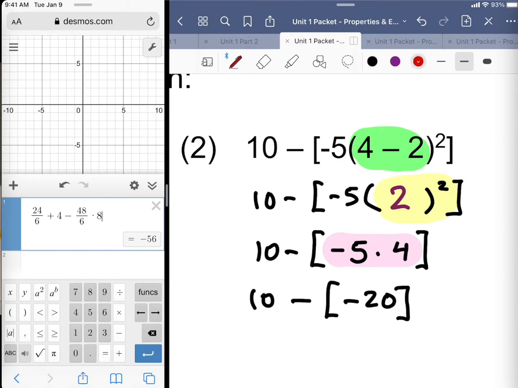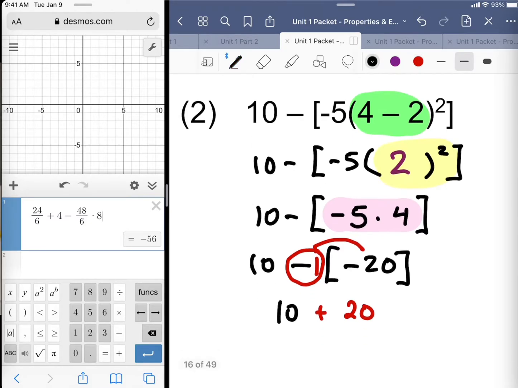We can release the negative 20 from the square brackets if we distribute or multiply through. It's not really distributing because it's just a single term within the bracket, multiplied by the negative 1, and we would have a positive 20. So 10 plus 20 would give you the 30.